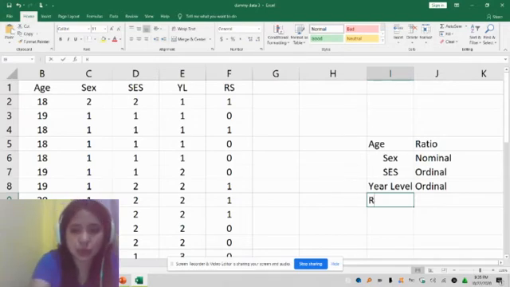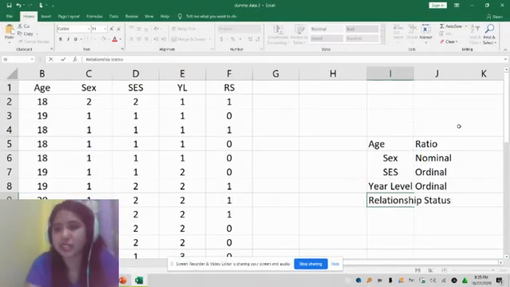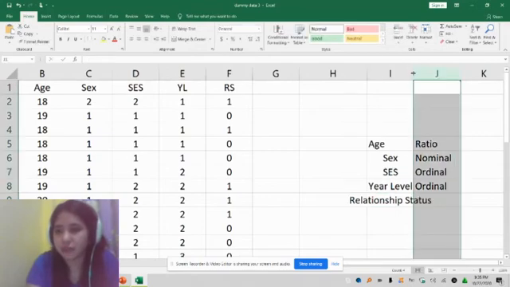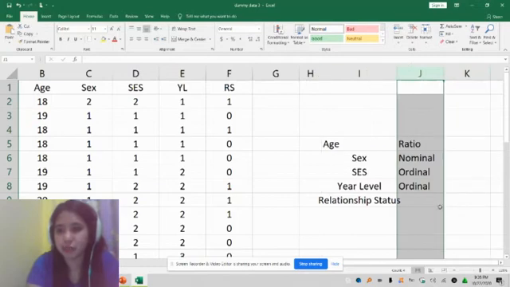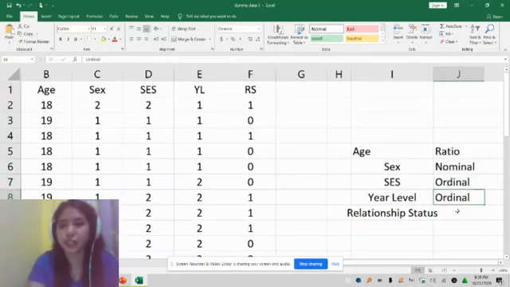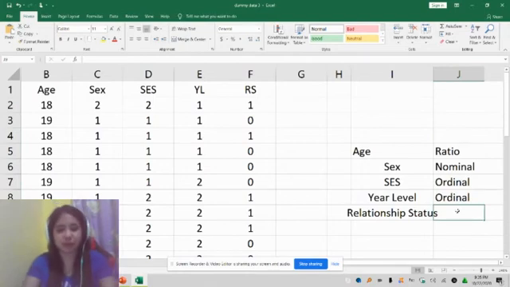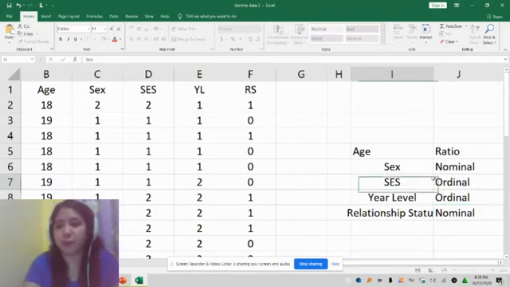And the last one is relationship status. For relationship status, this is in a relationship or not in a relationship. So what is the classification of this variable? Relationship status is also nominal.